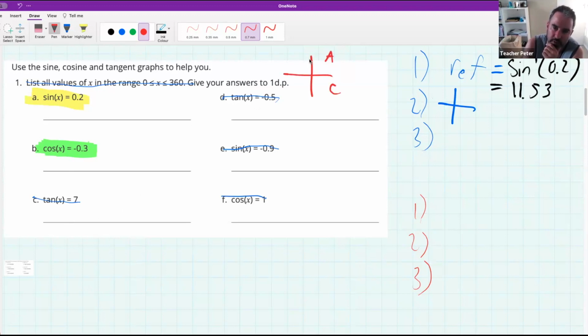You can always go back to the CAST diagram, and sine must be positive in quadrant 1 and quadrant 2. And so in quadrant 1, my solution will be the reference angle, and in quadrant 2, it'll be 180 minus the reference angle. So my two solutions will be in quadrant 1 and quadrant 2.